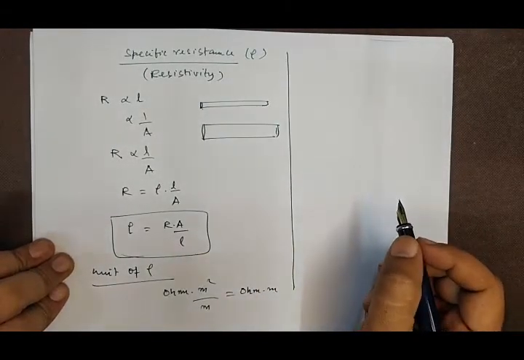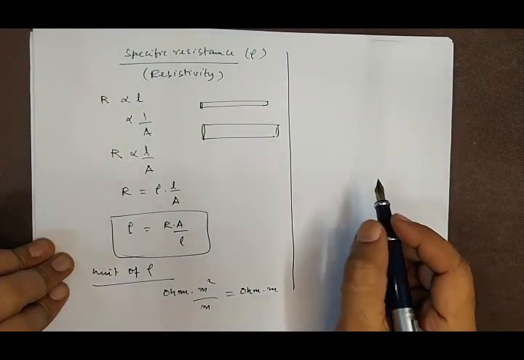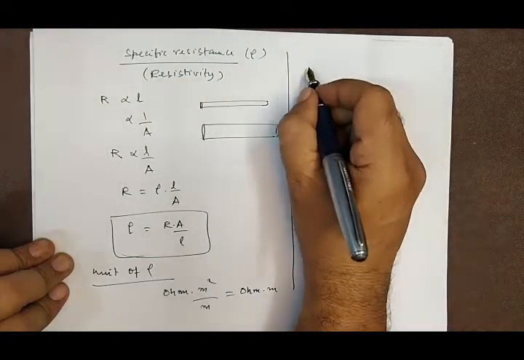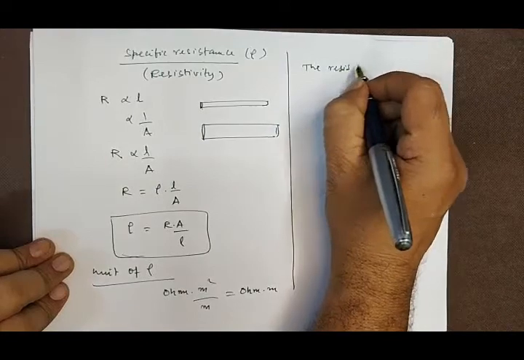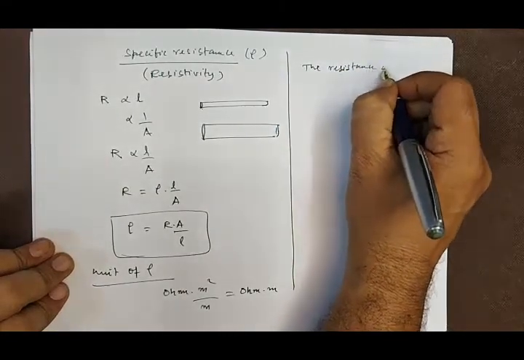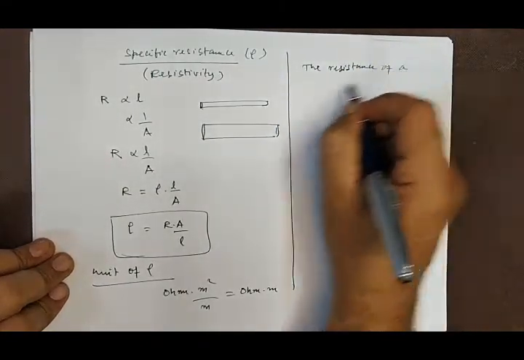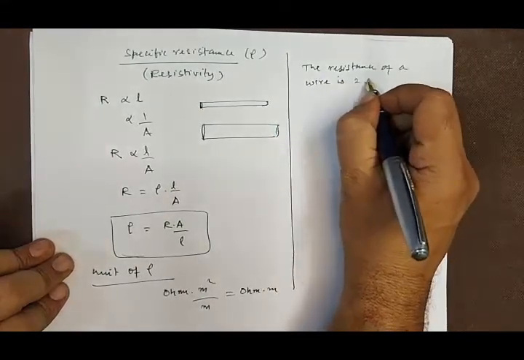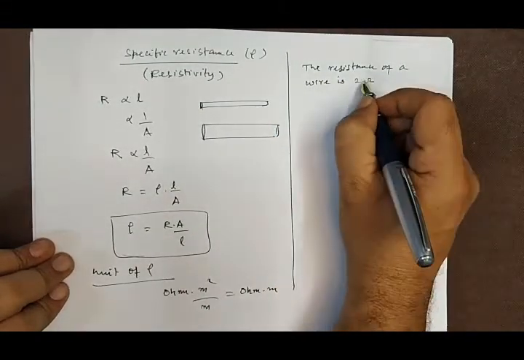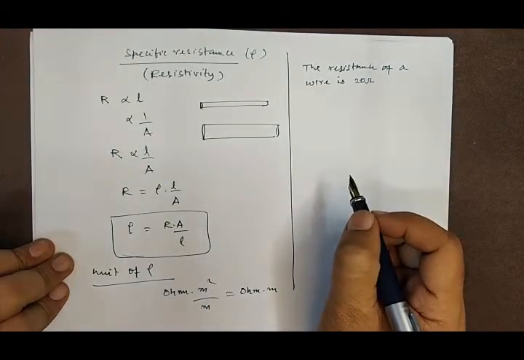Now let us consider a problem. The resistance of a wire is 20 ohms.